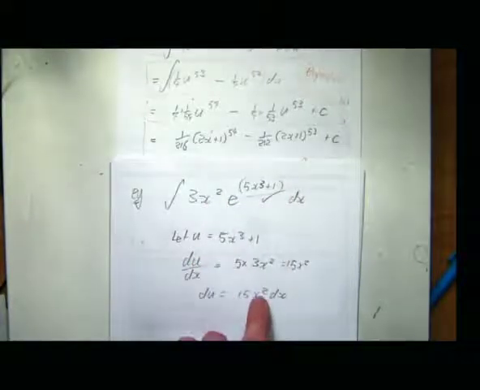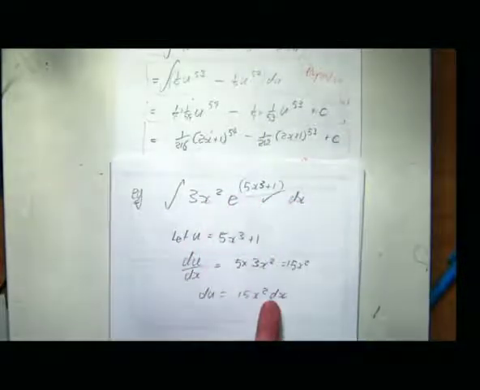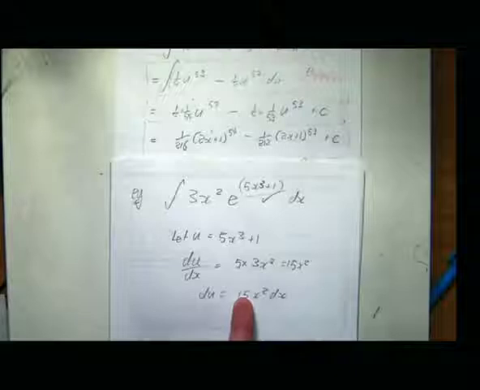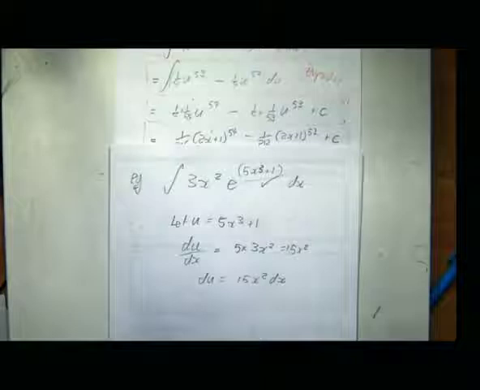So come down here. I do have an x squared joined to the dx here, and that's what I've got here. The x squared and the dx joined together. But there's a 15 in the way. I really prefer that to be a 3, because that's what this is here. So I would, to make this match what's left, I will turn that into a 3.